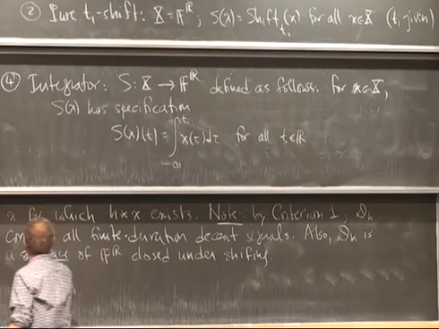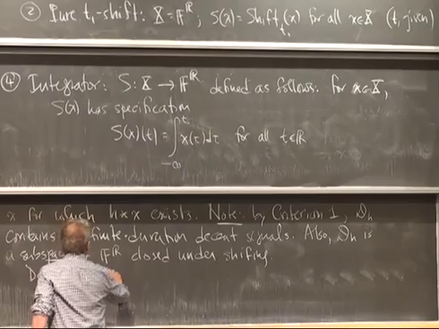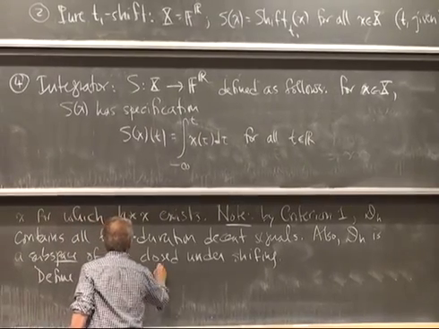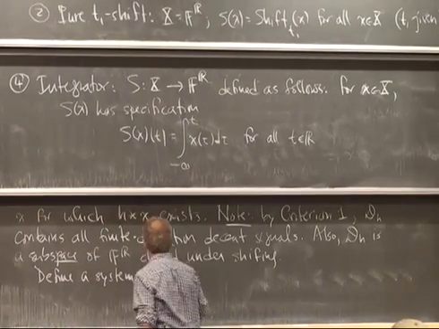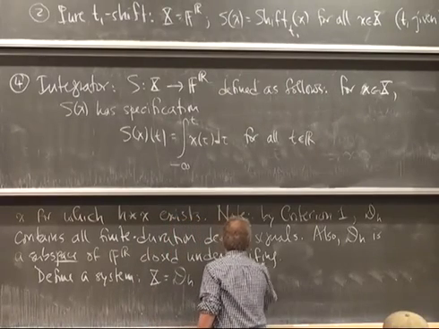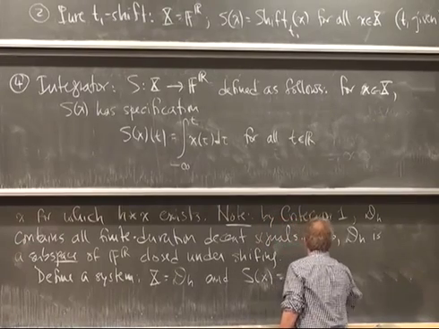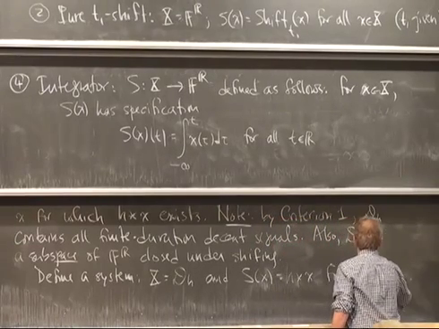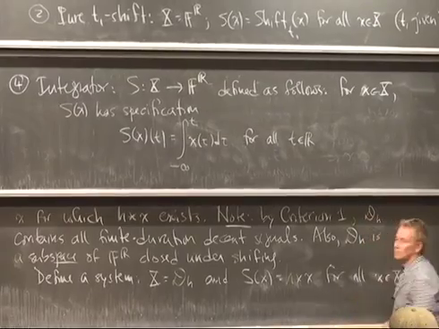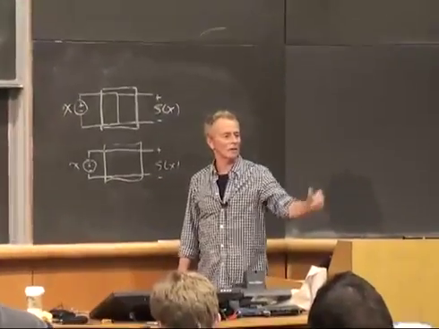So now define a system by setting capital X, its input function space, equal to D sub H, and system mapping S of x equals h convolved with x for all x. That's, I think, what you were kind of asking about.